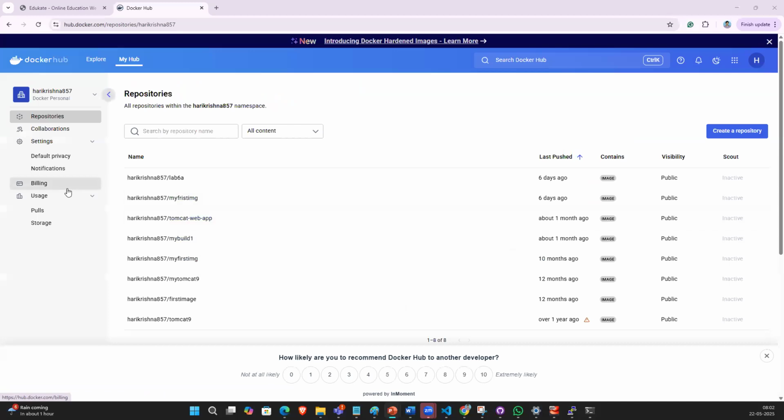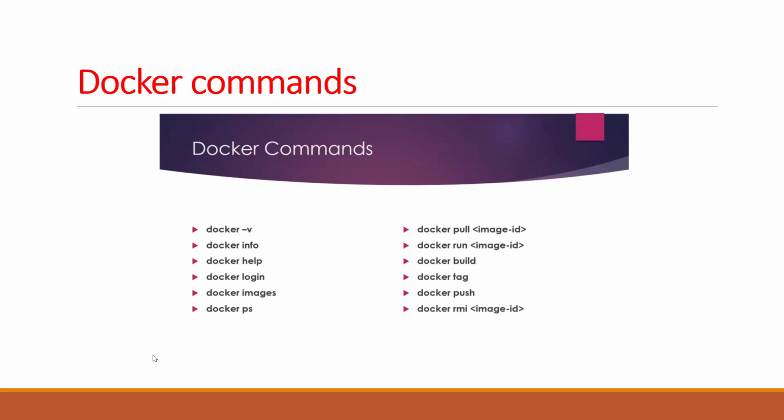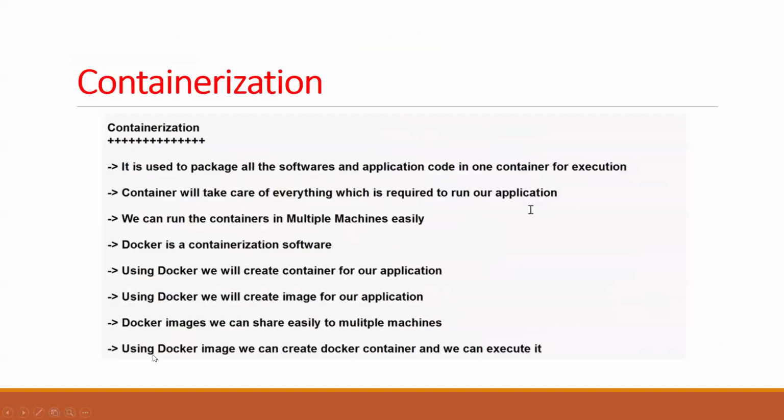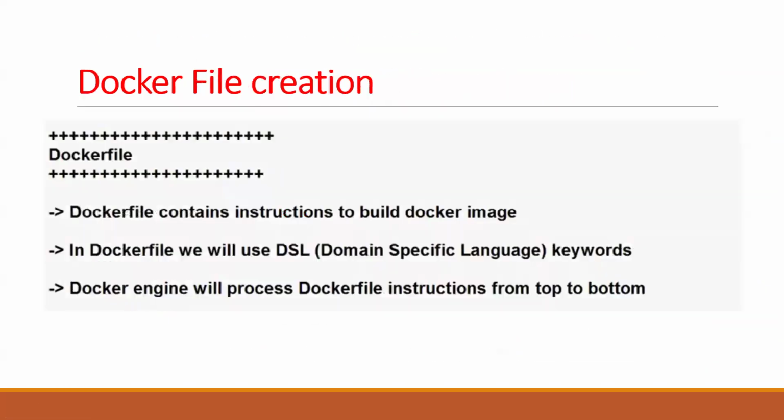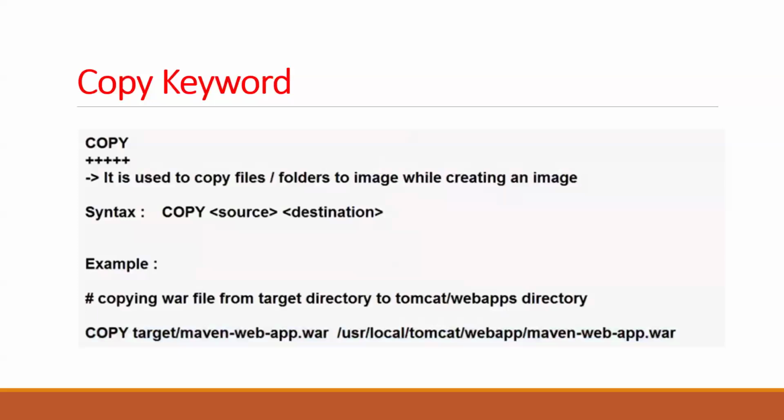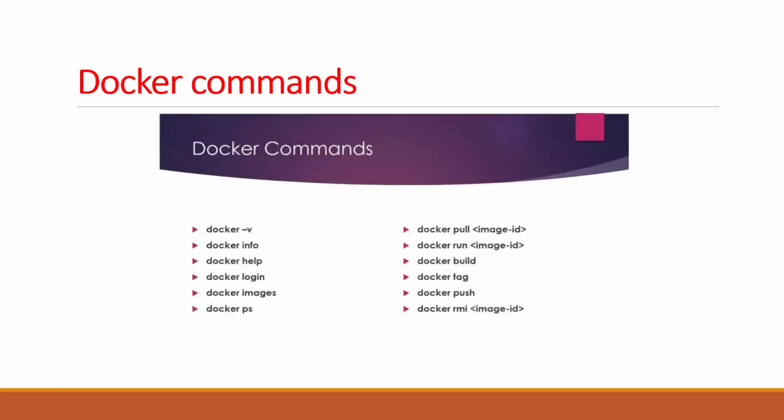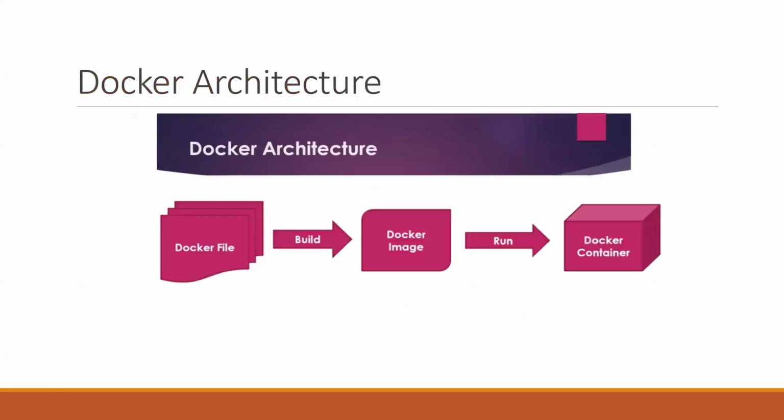Tomorrow I will start from the Dockerfile. What is a Dockerfile? So we learned how to pull images, how to run them as containers, and how to pull images from Docker Hub.